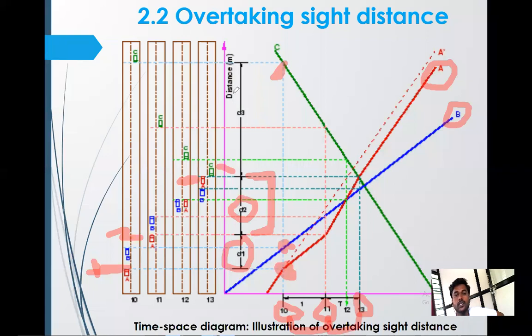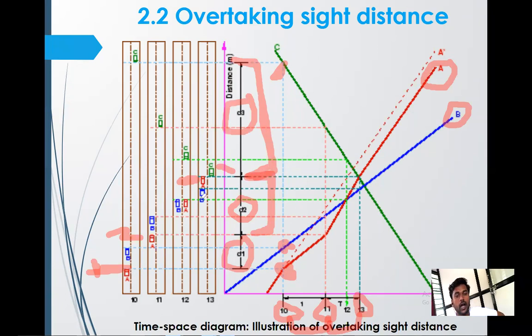Okay. And what is d3? From the first beginning to the end, means from time t0 to t3. Vehicle C travels some distance and that distance is taken as d3.